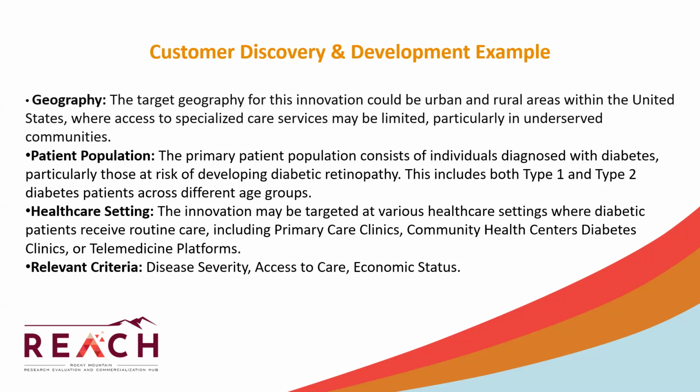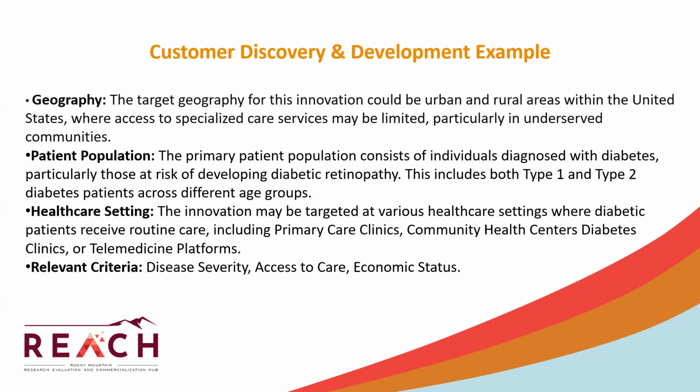And the primary patient population consists of individuals diagnosed with diabetes, particularly those that are at risk of developing diabetic retinopathy. And this includes both type 1 and type 2 diabetes patients across different age groups.